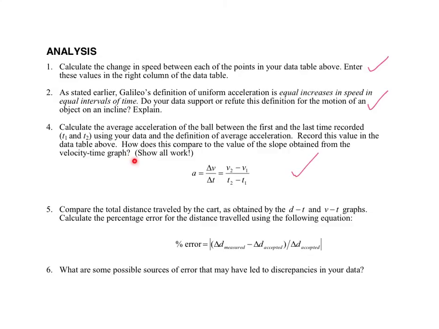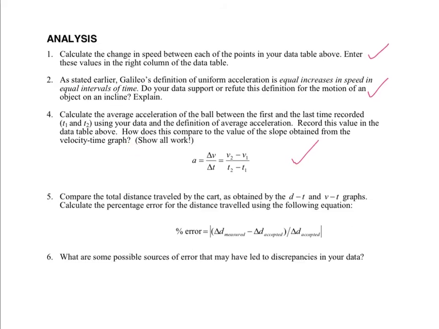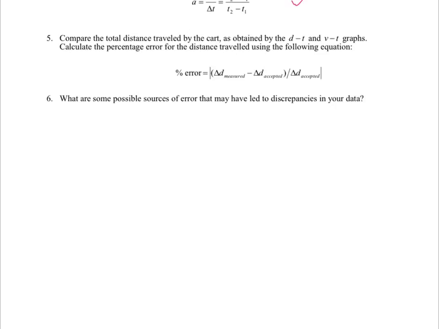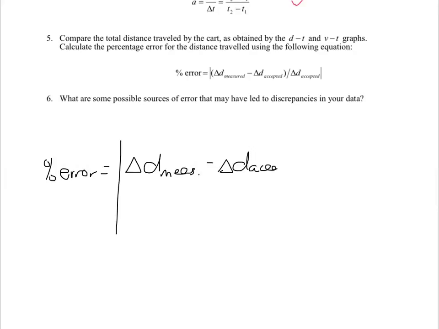Question number 5. So now question number 5, this is the one that we talked about in class. I'm going to rewrite this equation down here. So we got percent error is equal to the absolute value of delta D measured minus delta D accepted.